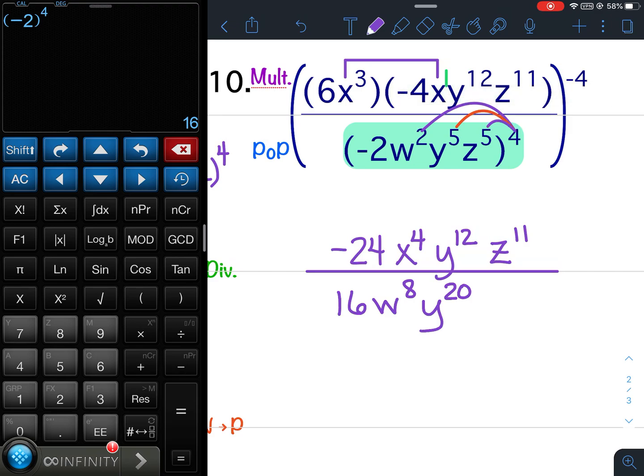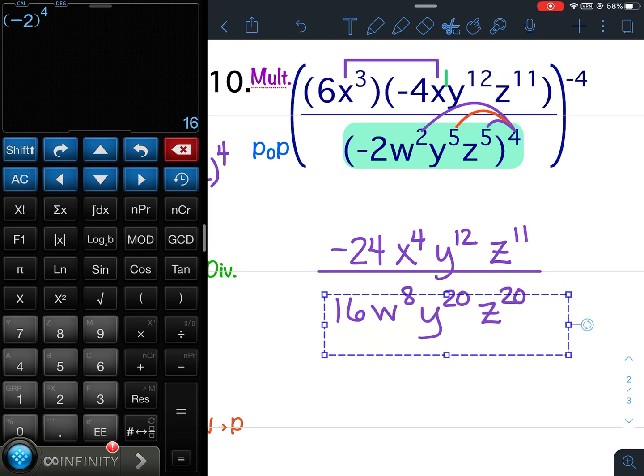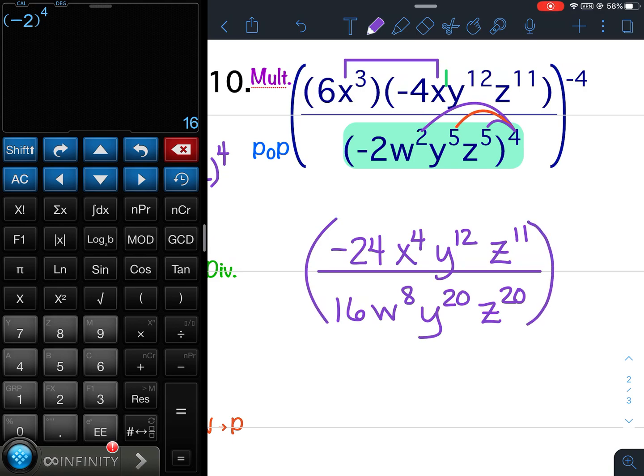And again, 4 times 5 to get c to the 20th. I put space in between there so when I divide, I have enough room to write the new exponent. All right, so I still have the parentheses with the negative 4 on the outside.